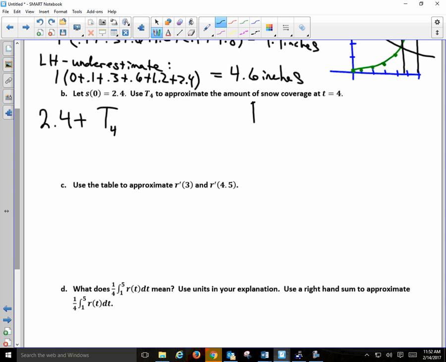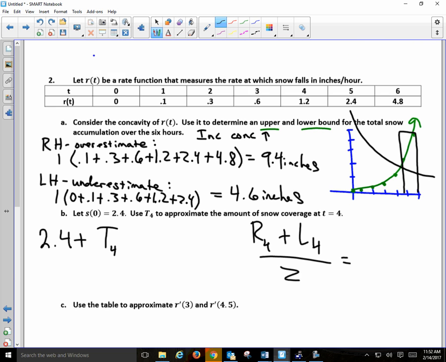Well, I need to take the right hand of 4 plus the left hand of 4 and divide it by 2. So right hand of 4, this is my interval from 0 to 4. So I add up at 1, 2, 3, and 4. So 0.1 plus 0.3 plus 0.6 plus 1.2, so 2.2.